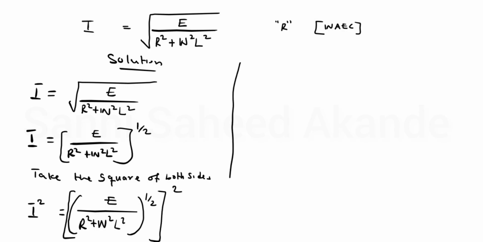Okay, I squared is equal to, so this will take care of this. We now have left E divided by r squared plus w squared l squared.